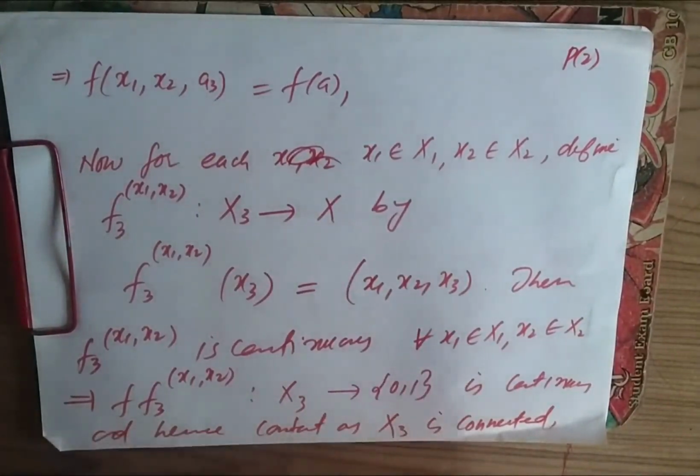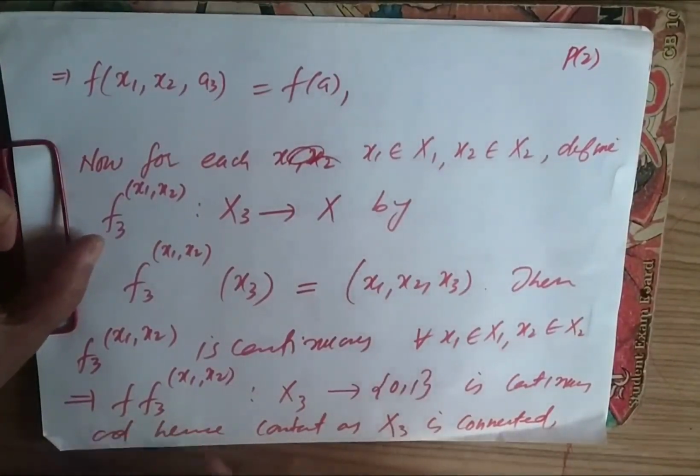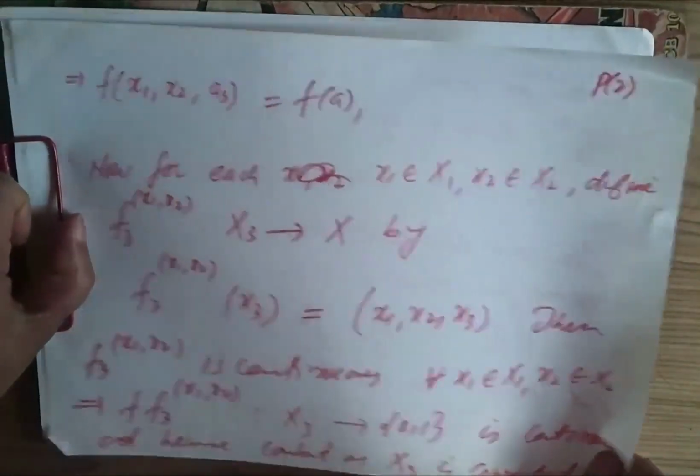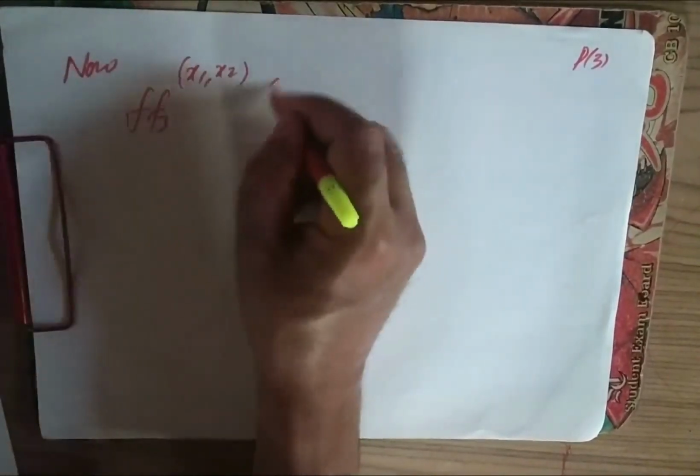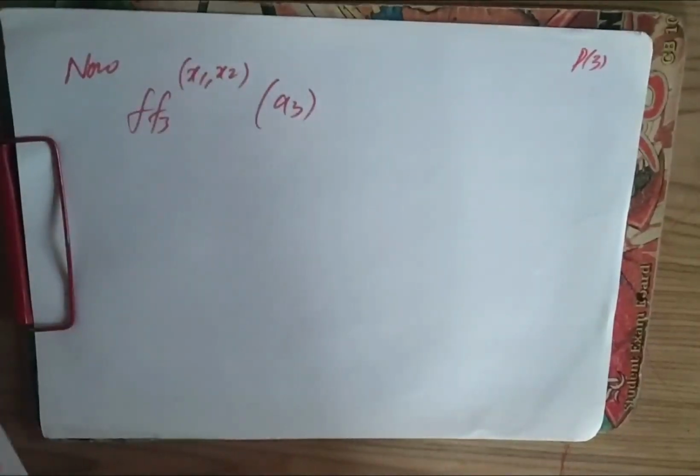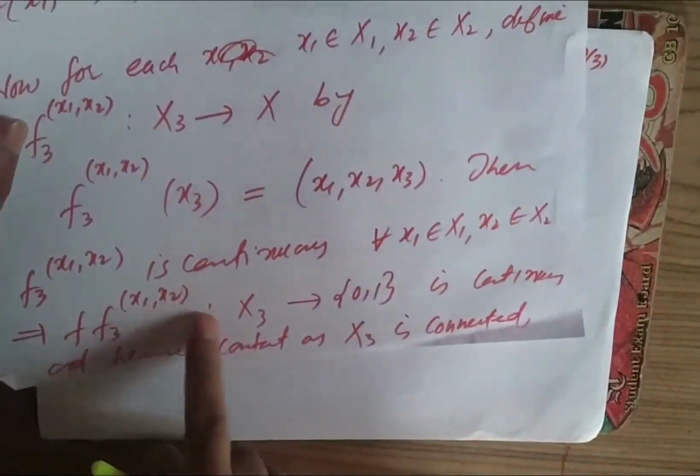So this map is constant, and we find its value at a3 first. Let us find the value of f3 x1 x2 at a3.